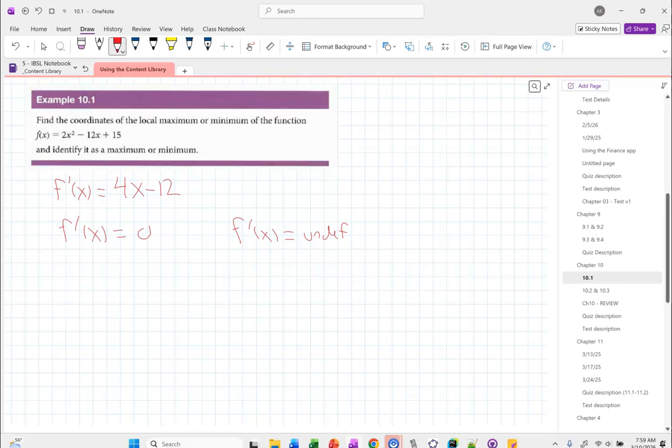So are there any values for x that, when I plug them into 4x minus 12, would make the function undefined? No. No, very good. Why? Because something can go in all of them. Okay, what type of function is 4x minus 12?